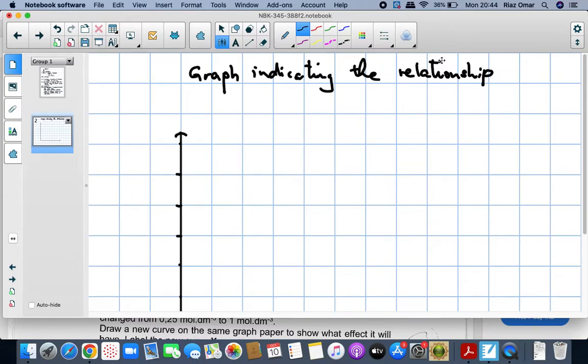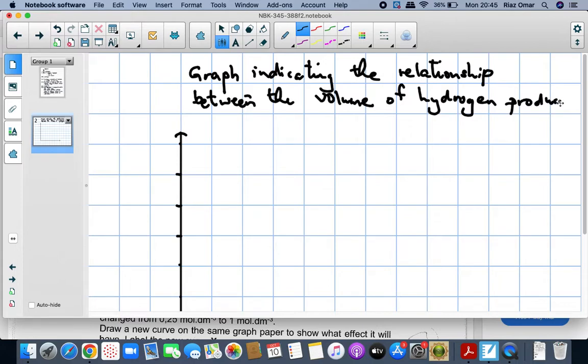between the volume of hydrogen produced per time taken, per unit time.